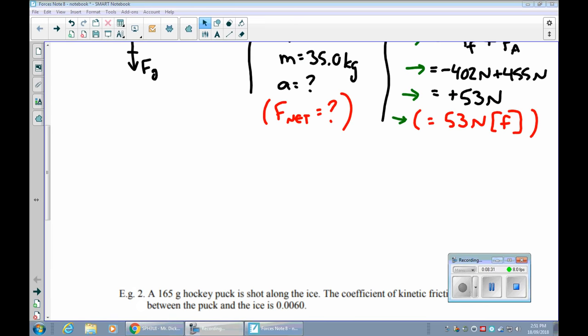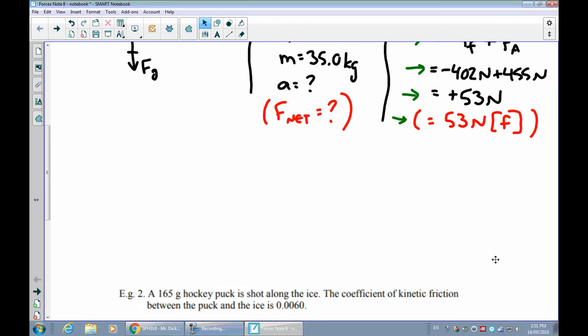So now if you've run out of room, you may need to extend this onto a separate sheet of paper and just connect it later on. But the idea now is that we have our net force. And we also know that F net is equal to mass times acceleration. That's not the version of the formula we want, though.